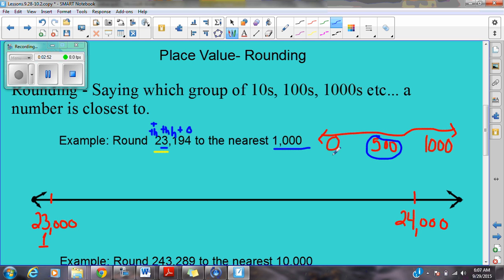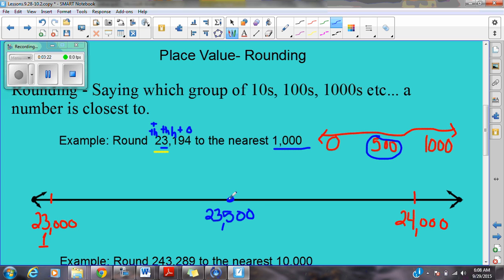It would have the same amount on the left as it does on the right. So I know that I'm working with 500, so to speak. I have 23,000, so I know that I'm going to have the same amount of thousands because my number is between 23,000 and 24,000. So I have 23,500 as my midpoint, or my middle number here.